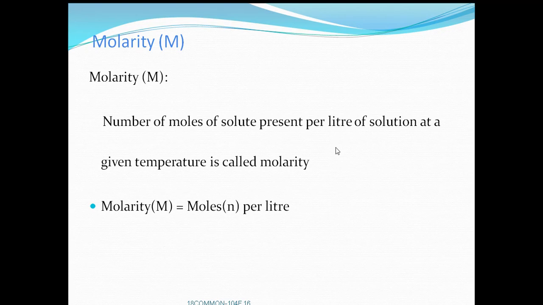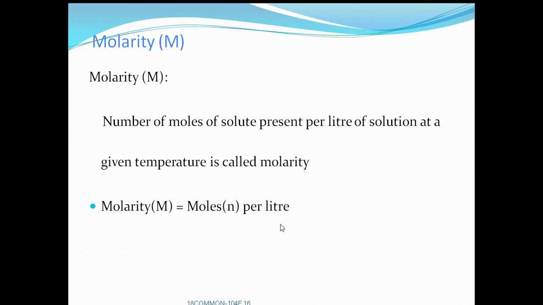Molarity, capital M, equals moles, small n, per liter. Already I said, how much solute is present in that 1 liter of solution? How much solute means the number of moles, that is small n.